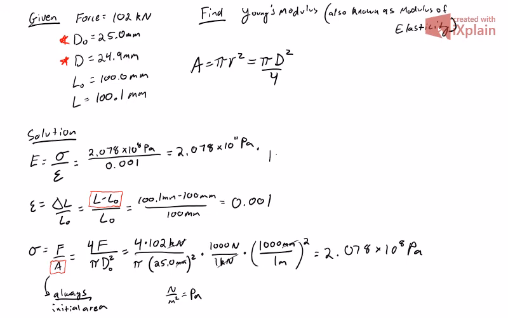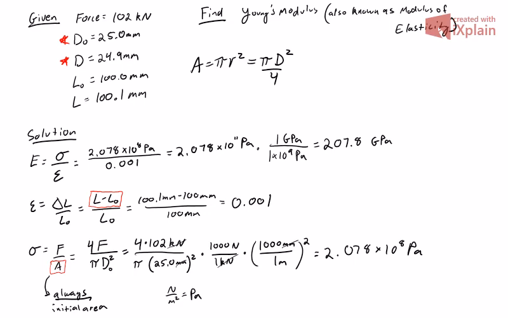So we have 1 times 10 to the ninth pascals is 1 gigapascal. So that's going to be 207.8 gigapascals. And just for you going forward through this class, that is about the order of magnitude that you should expect Young's modulus to come in.